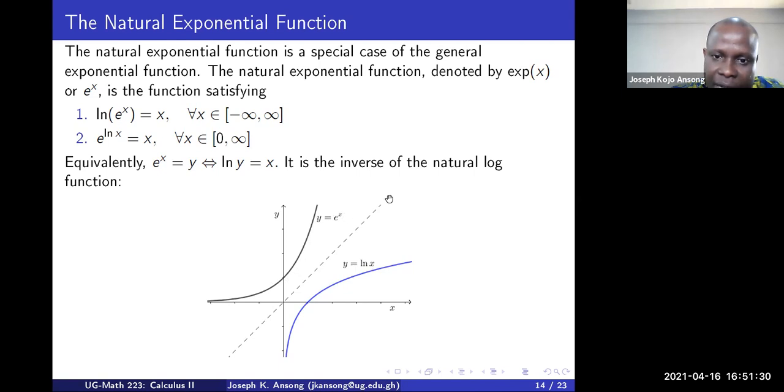Using the reflective properties of inverse functions, you see that this is a reflection of this about the line y equals x. So the natural exponential function and the natural logarithm function are inverse functions, and you can also prove it using the cancellation equations.